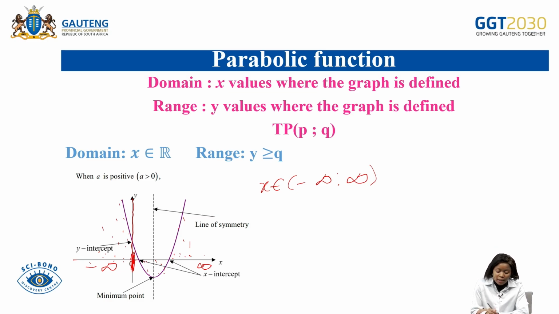When we are talking about the range, we are talking about the y values where the graph is defined, so we are looking at all the values of y that are covered by the graph.